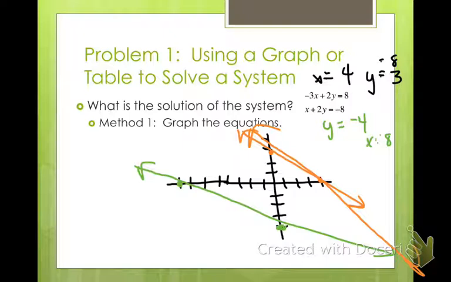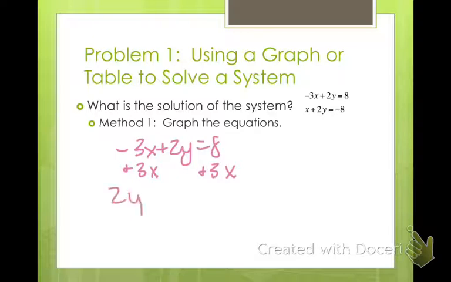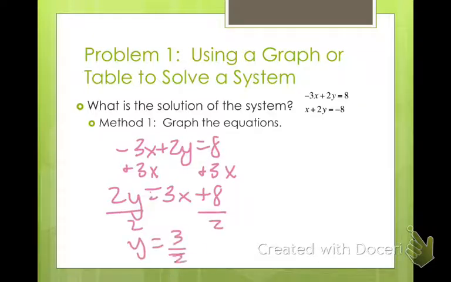So go ahead and get out your graphing calculator. And to use our graphing calculator, we need to make each one of these be y equals. So I have negative 3x plus 2y equals 8. So I'm going to add 3x, 2y equals 3x plus 8. Divide everything by 2, y equals 3/2 x plus 4.